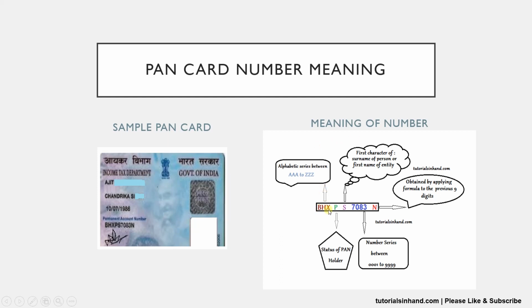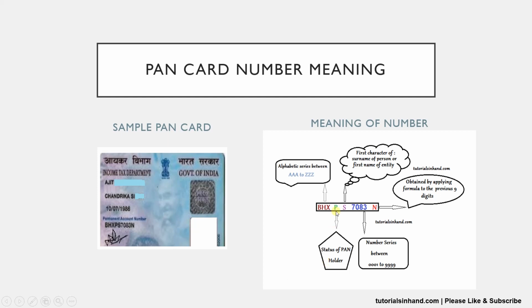Now the first three character, which is BHX in the PAN, is actually an alphabetic series between AAA to ZZZ. So it can be anything like ABC, PLM, or anything between this series. So the next one, that is P, actually denotes the status of the PAN card holder.